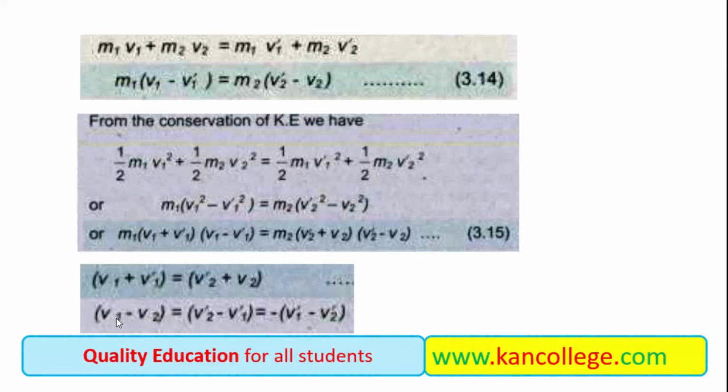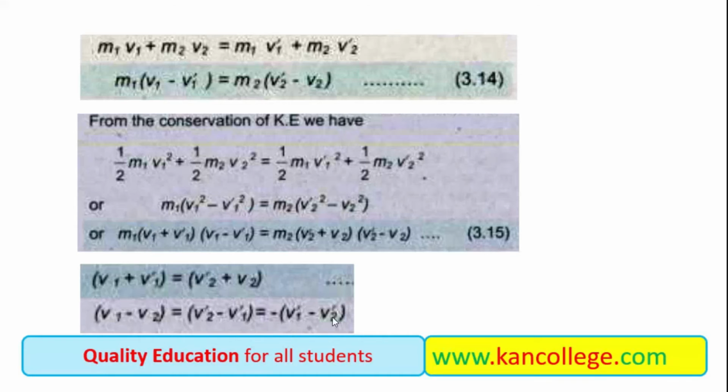The difference is 6. It means m1 is getting closer every second by 6 meter per second. m1 is approaching m2 with a speed of 6 meter per second.